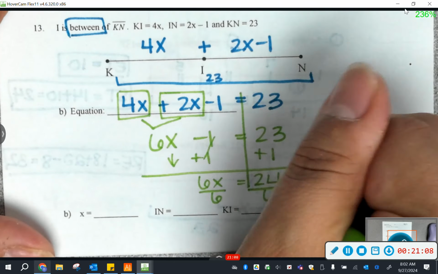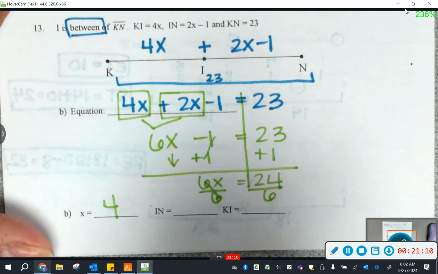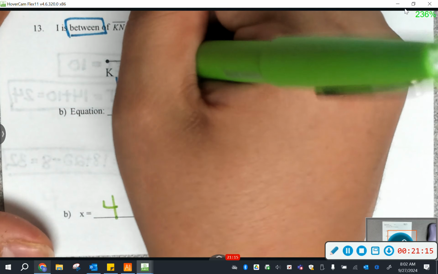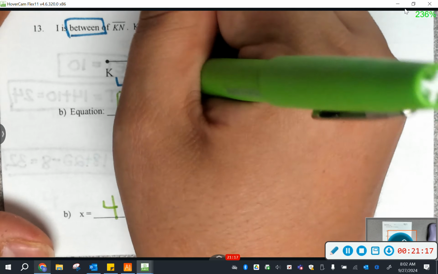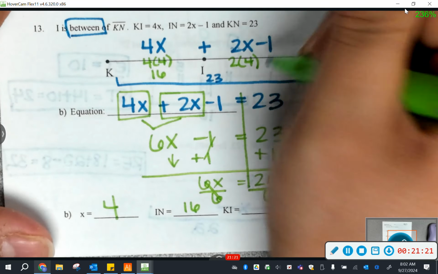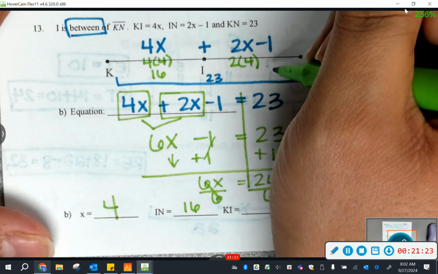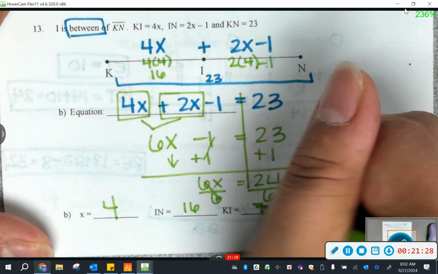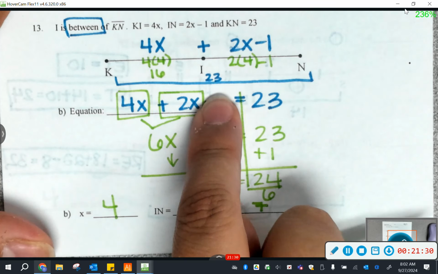Divide. What's 24 divided by 6? And then it just wants you to plug into the 2. What is 4 times 4? What's 2 times 4? No, 2 times 4 is 8. Minus 1. And is 16 plus 7, 23? Yep.